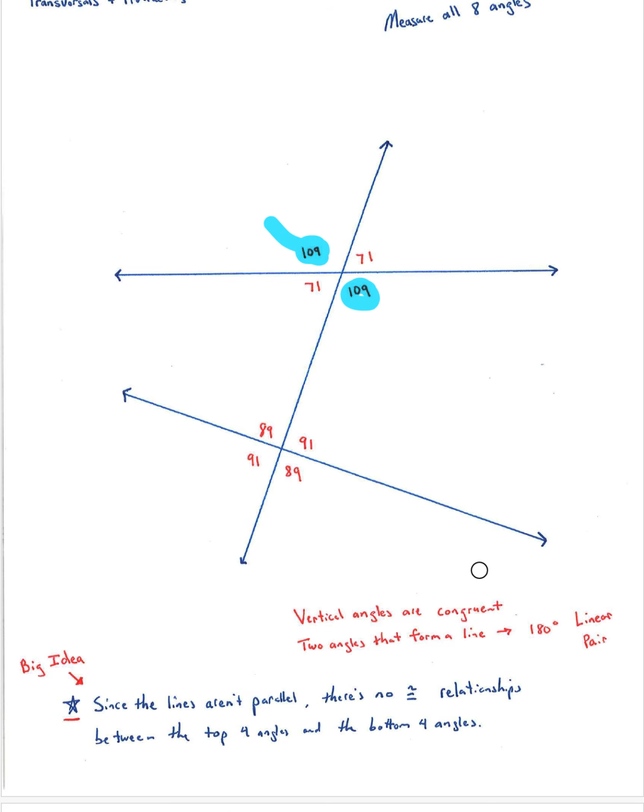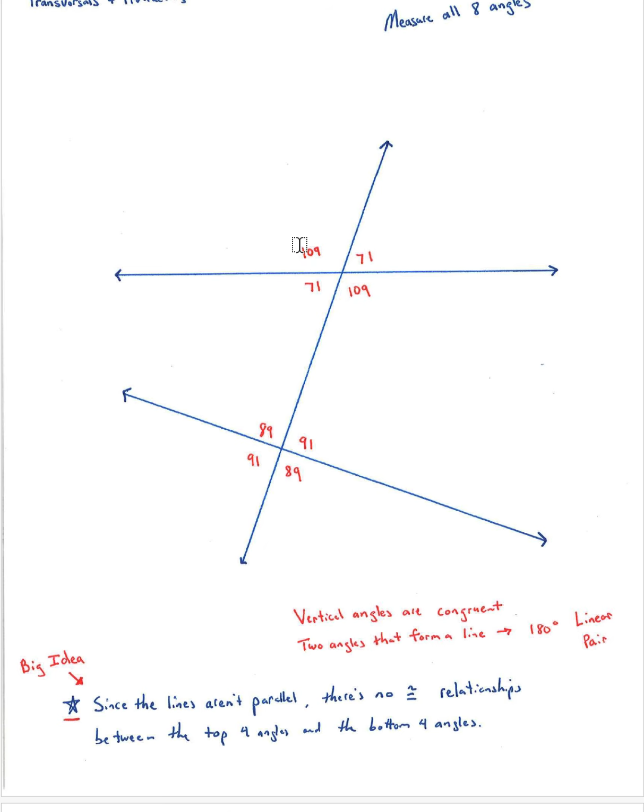These 4 angles have nothing to do with this line. That line doesn't even have to be there. 109 and 109 have to be the same. They're vertical. 71 and 71 have to be congruent. They have to be the same measure. They're vertical. Okay? So we know that vertical angles are congruent.